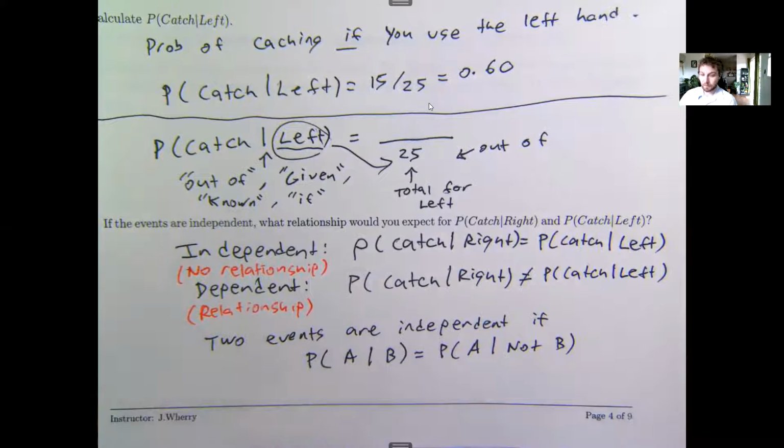In other words, if you're using the left or the right, if you're using seed or owls, if you're looking at any two different subgroups and the probability of success stays the same for each of them, then the events are independent.